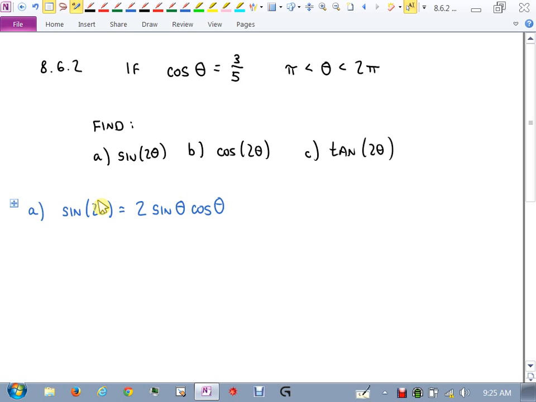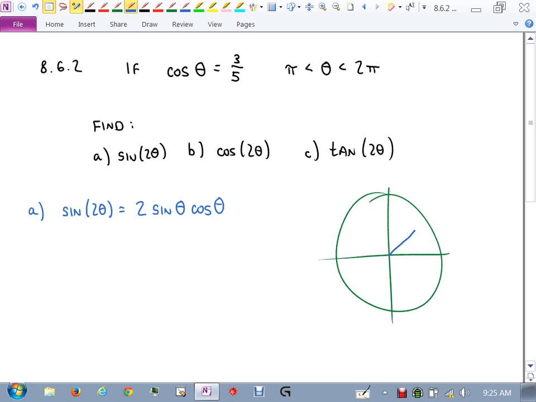So picture-wise, here's what's going on, if you want to draw a picture. This picture may not match this problem, but just the idea here is this. I have an angle, call it theta. Then if I double that angle, I'm going to be somewhere else, like maybe over here. That's twice theta. I know something about this angle here. I know in this problem cosine, so I know the x-coordinate, don't I?